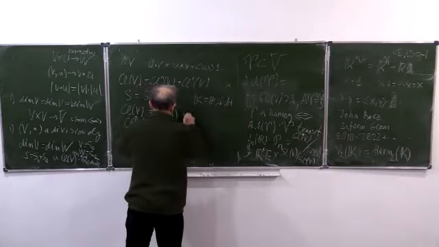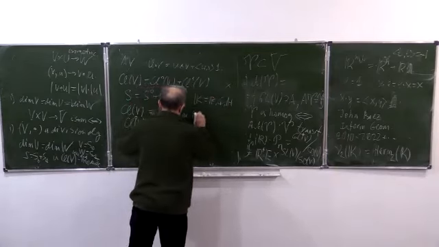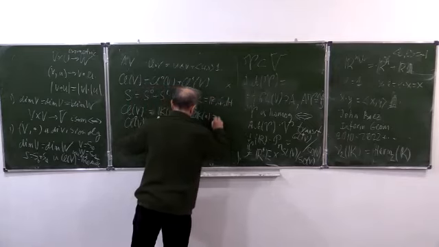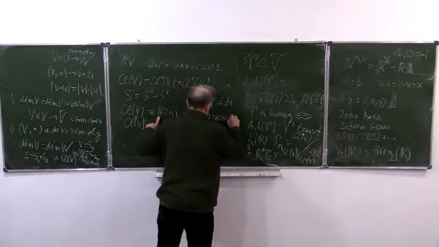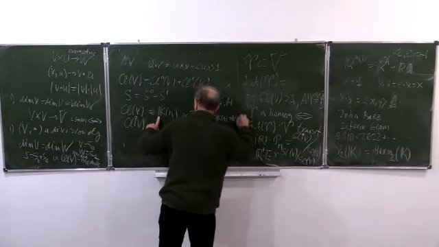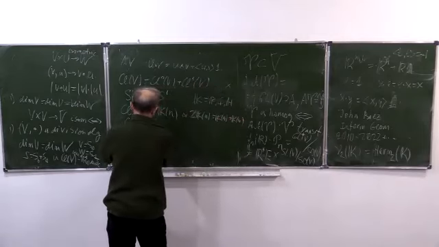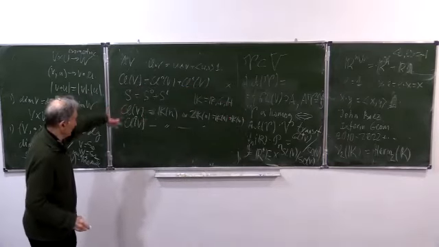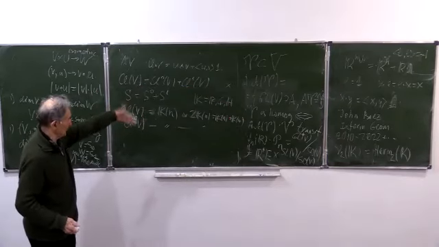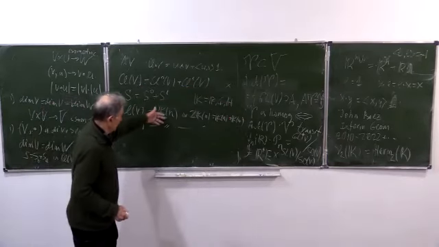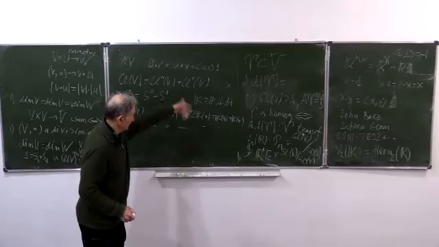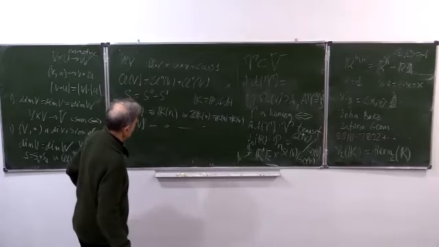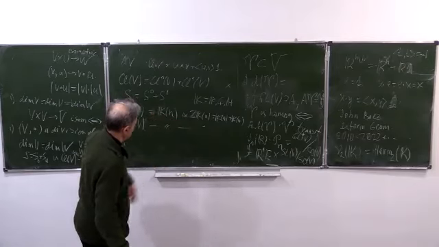Or two copies of K, so 2 K of N, which is K of N plus K of N. And for Clifford 0, it is the same. So practically everything reduces either to a matrix algebra over one of these rings or a direct sum of two copies of this algebra.